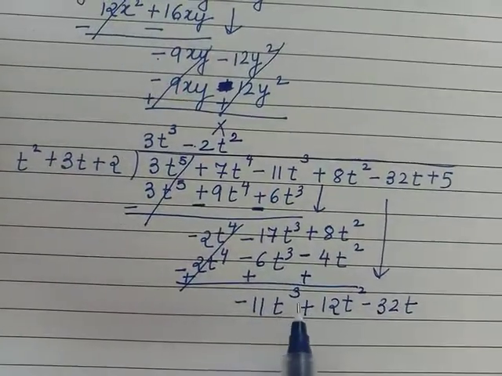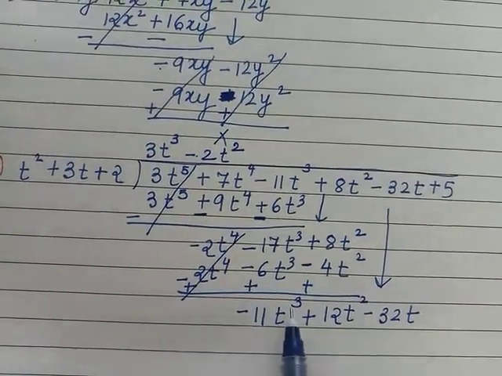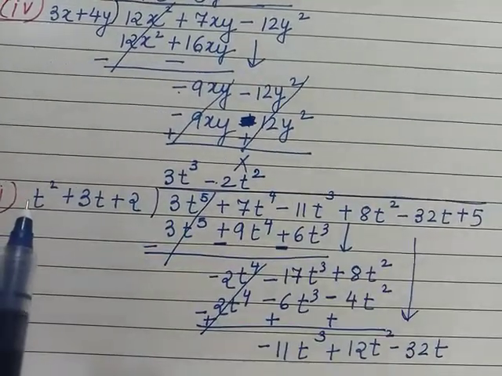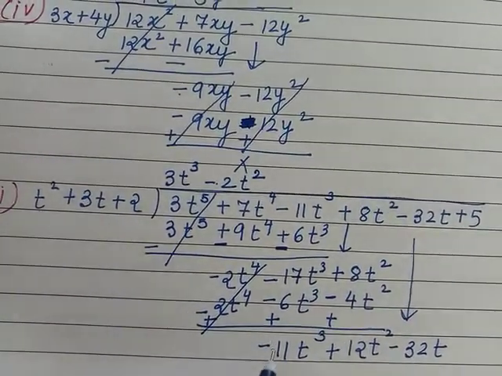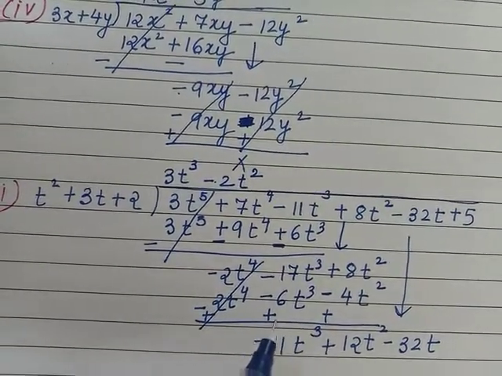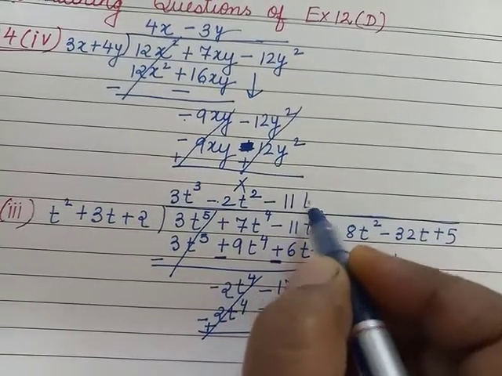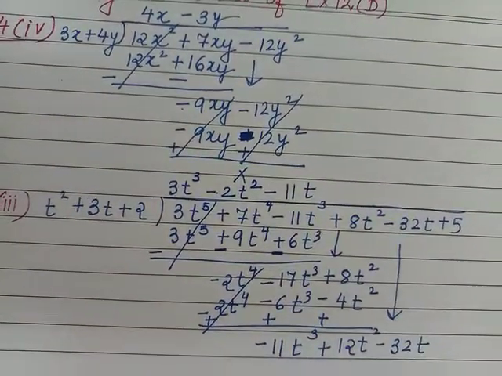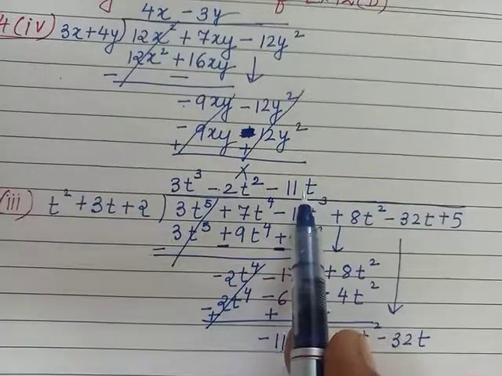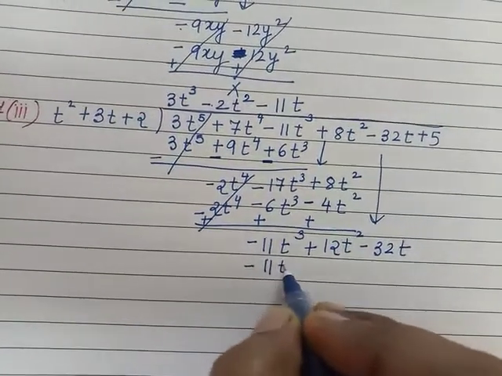Now what is the first term to be eliminated? That is minus 11t cube. So we have t square here. That means we want minus 11 and one more t to convert t square into t cube. So I write minus 11t in the quotient. Now this minus 11t multiplied with the t square will give you minus 11t cube.